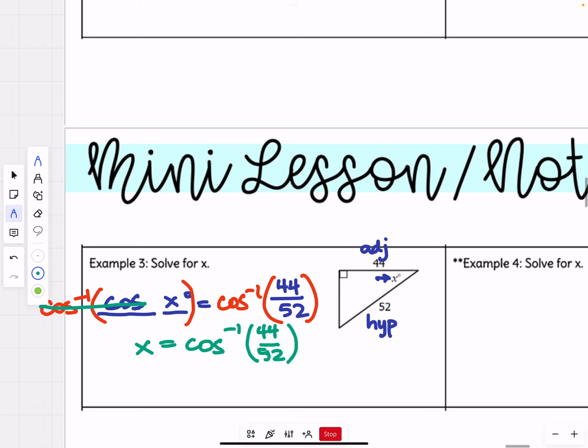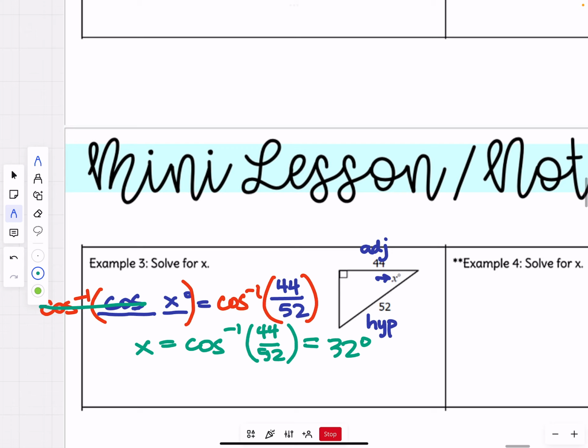Grab that from your calculator. What is the cosine inverse of 44 over 52? Looks like about 32.2 degrees, so we'll call that 32 degrees if we round to the nearest whole degree.